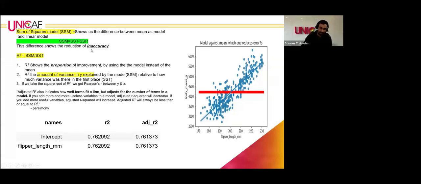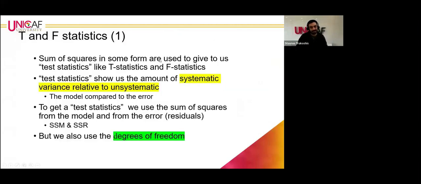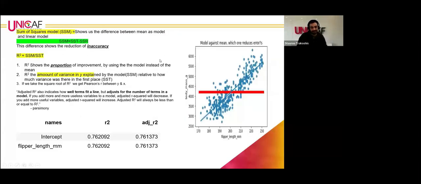It tells us the reduction of inaccuracy, in the spirit of Ronald Fisher, where everything is a little bit, you know, transverse. So it shows us the reduction of inaccuracy, the sum of squares model.